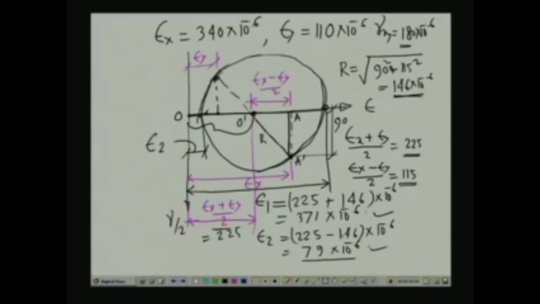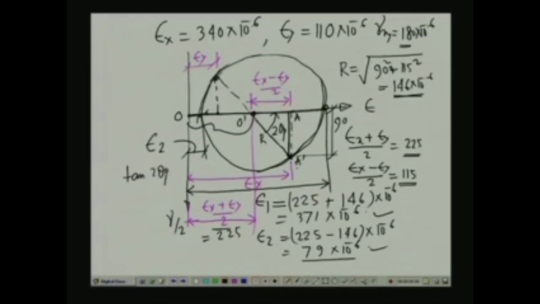Now, we need to know the orientation of the principal strain, and this is the reference x axis where the normal strain epsilon x and gamma xy by 2 positive occurs. Now, from here if we rotate by angle 2 theta p, this gives us the position of the maximum normal strain, and from this particular triangle O dash A dash, we can get tan 2 theta p.